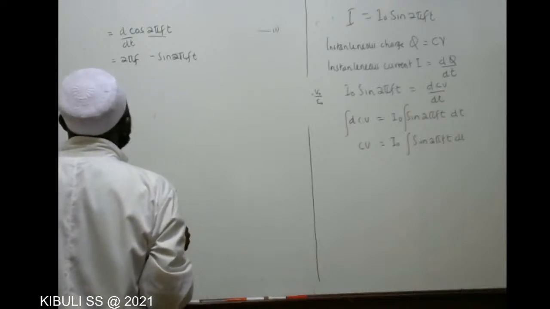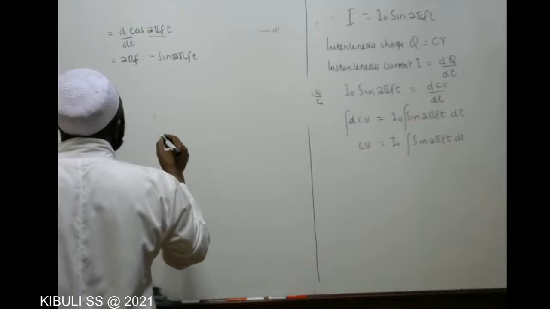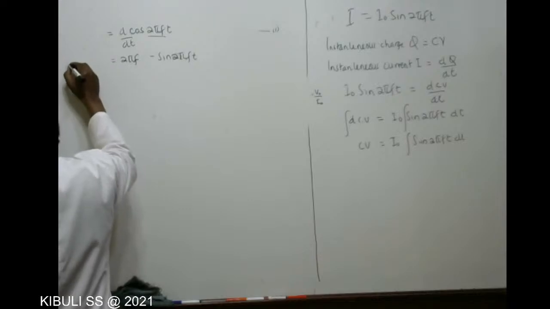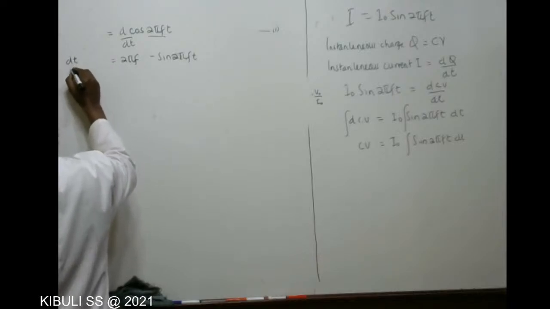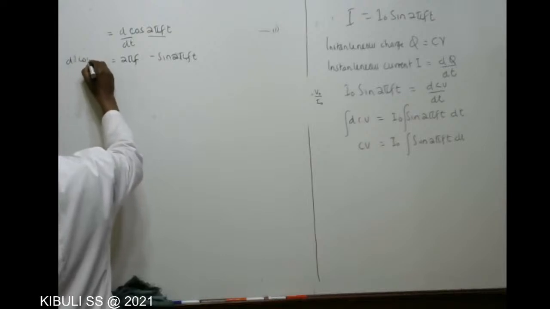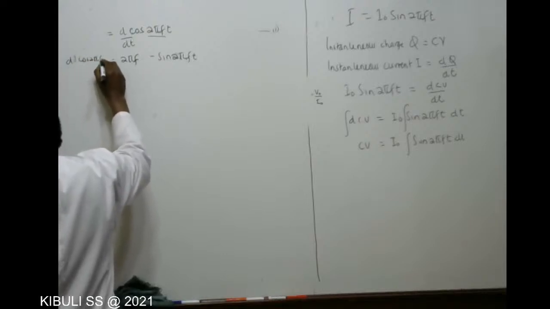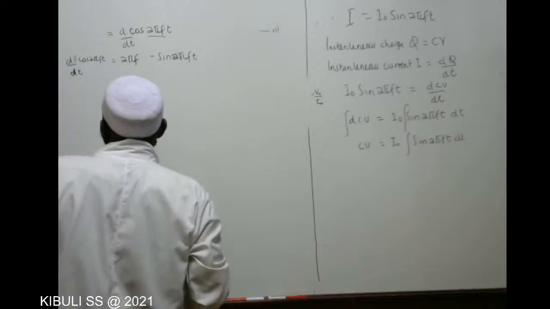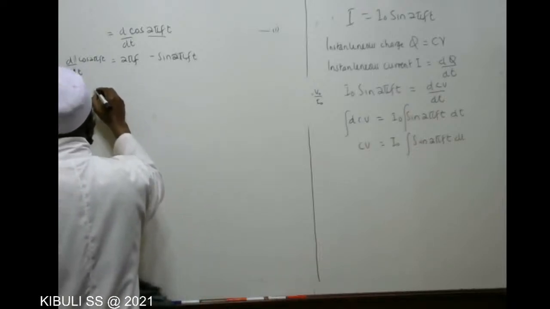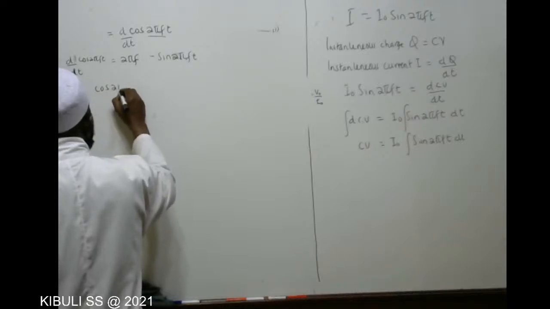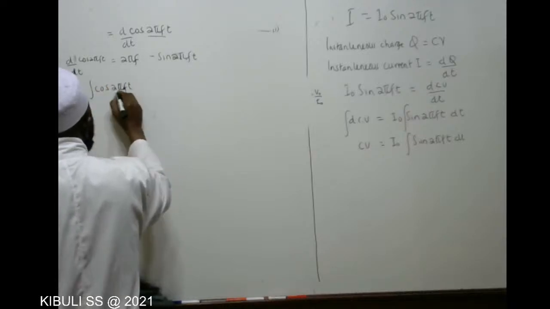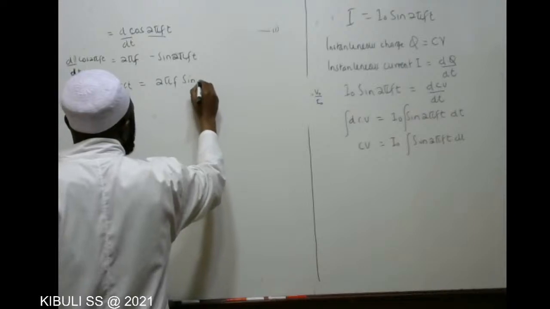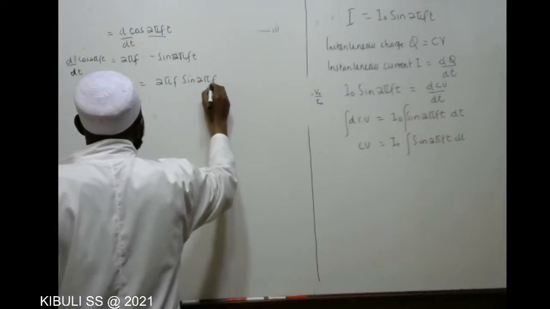So that means d by dt of cos of 2 pi ft is equal to that. So that means the integral of cos 2 pi ft is going to be equal to 2 pi f sine 2 pi ft dt.